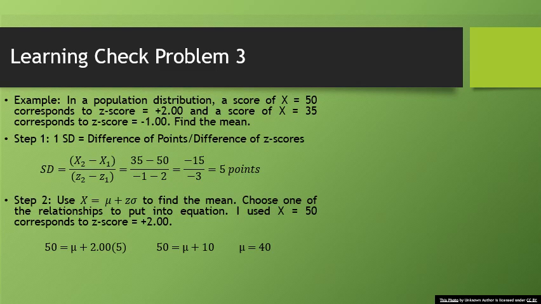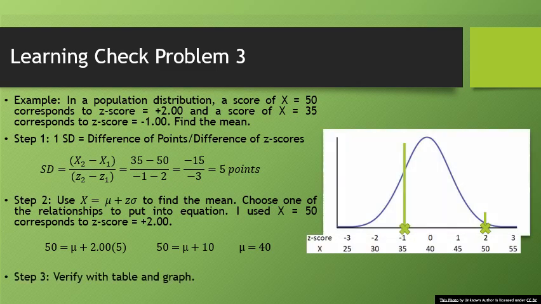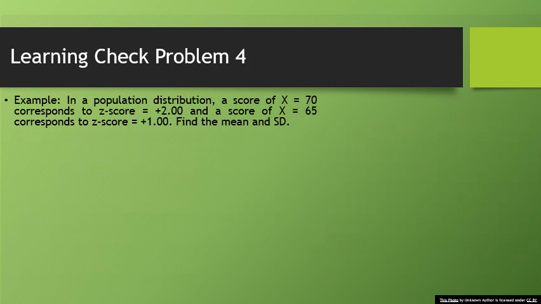I chose the first relationship to put into the equation, x equals 50 corresponds to a z-score of plus 2. Solve, and I found a mean of 40. Then I'm going to make a table using my mean of 40, standard deviation of 5 points, and then I'm going to put x's for the 2 scores they gave me, 50 and 35. And yes, it all looks good. We verified our answers.